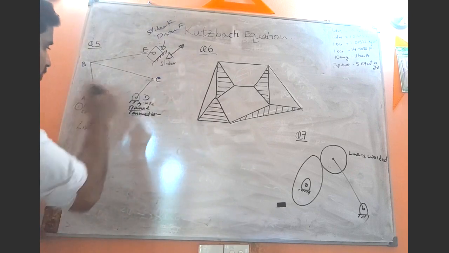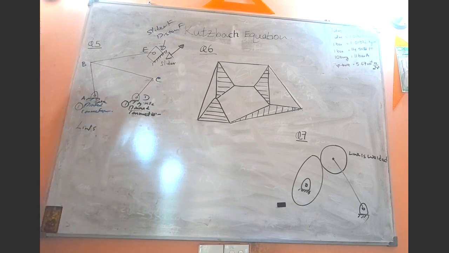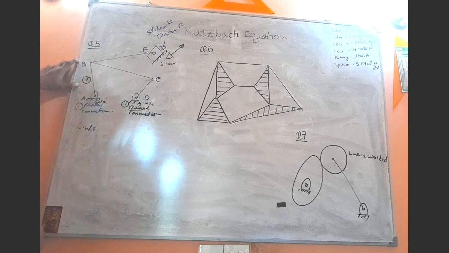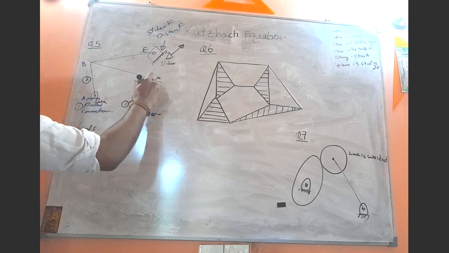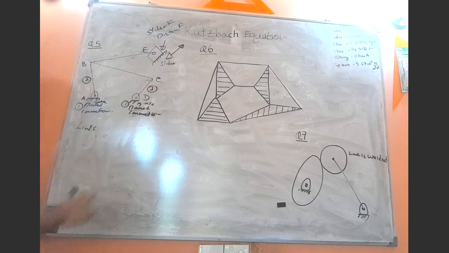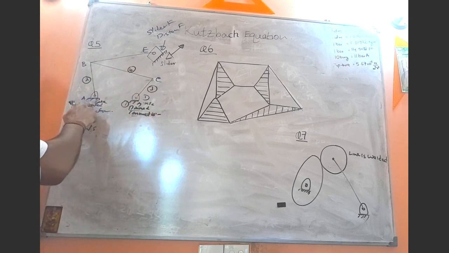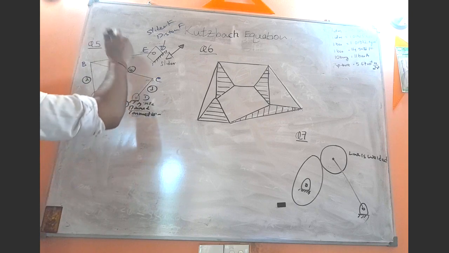So here also label number 1, and label number 1, and this one label number 2, and this link label number 3, this link BC label number 4.